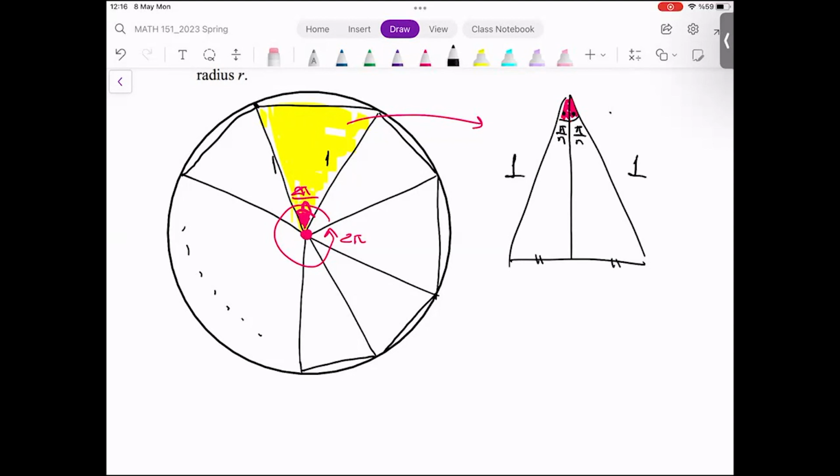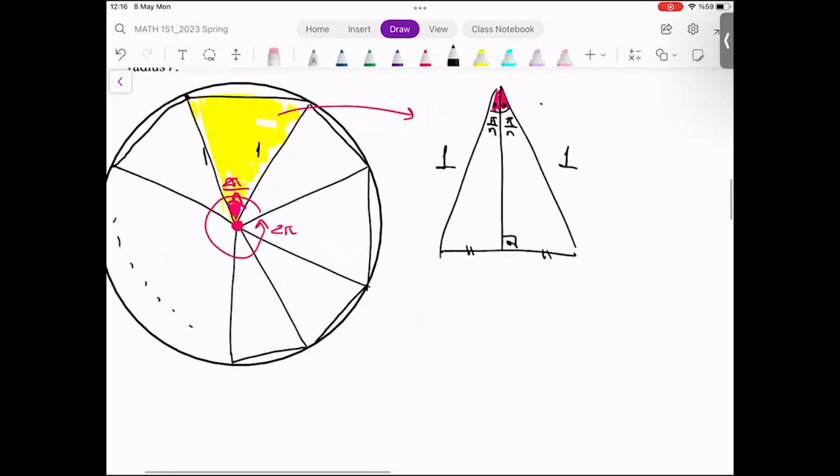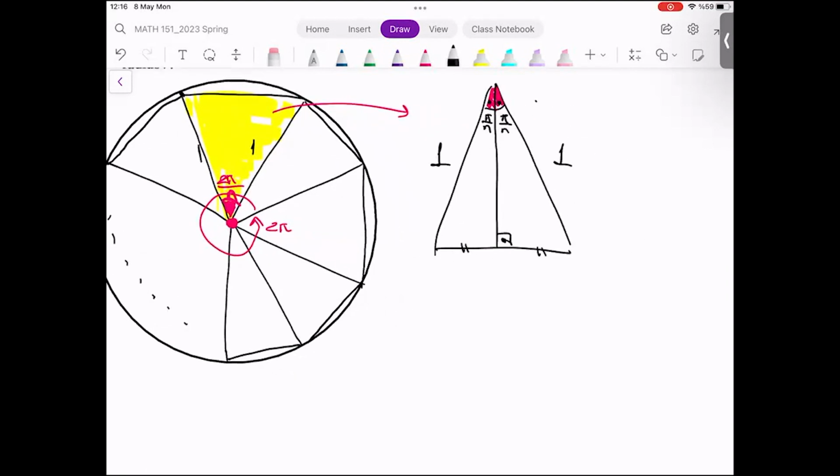The sides are 1 because it was a circle of radius 1, and this is a right triangle. Now, concentrate on this triangle to find the area of it. I will use some trigonometric information here to find the values for A and B. What is A and what is B? I need to find these lengths to find the area of this triangle.